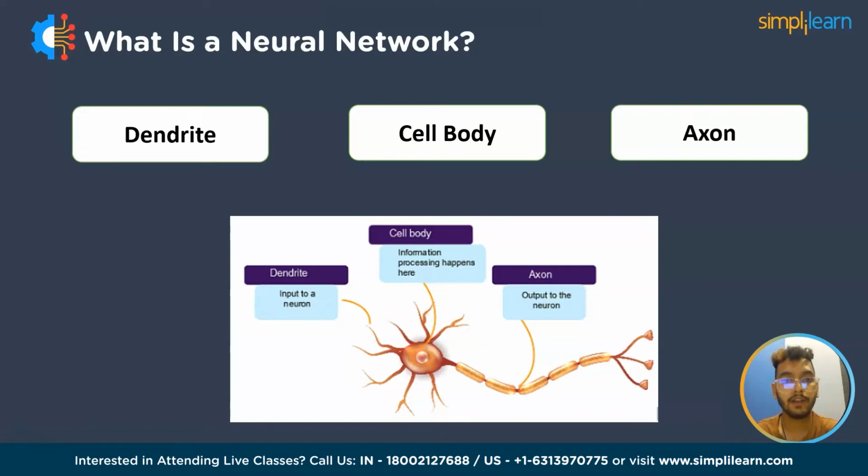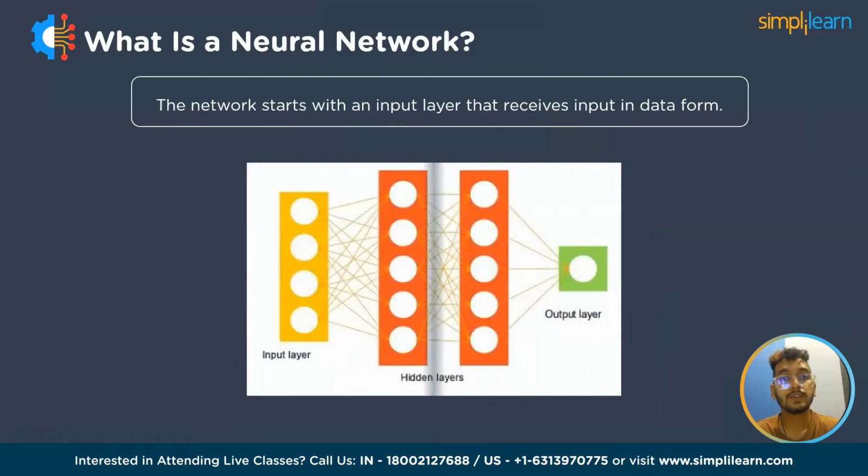Now let's see a neural network. So this image shows an ANN. The network starts with an input layer that receives input in data form. The lines connected to the hidden layers are called weights, and they add up on the hidden layers. Each dot in the hidden layer processes the inputs, and it puts out an output into the next hidden layer, and lastly into the output layer.